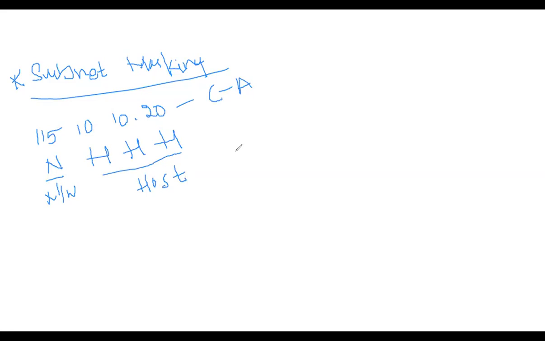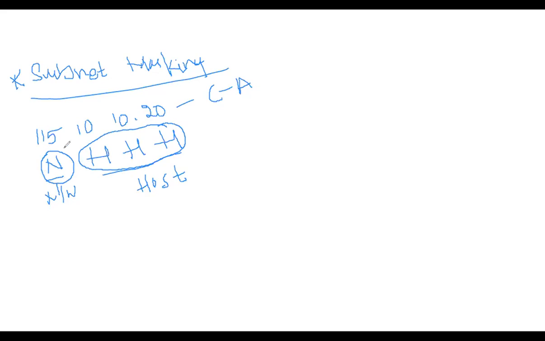Okay. What can we do? You have to convert this class A IP address into the subnet mask. One octet is reserved for network, and 3 octets are reserved for host.